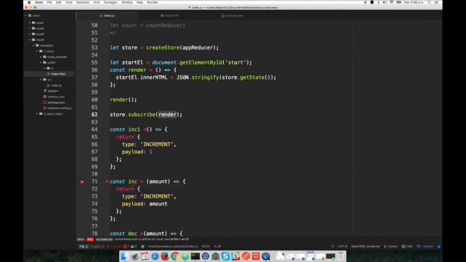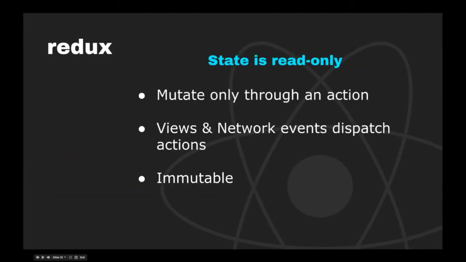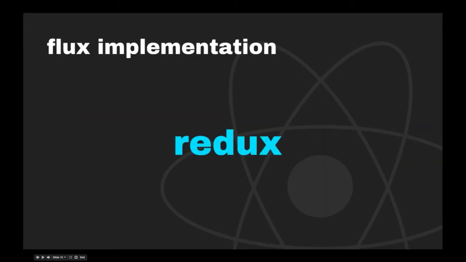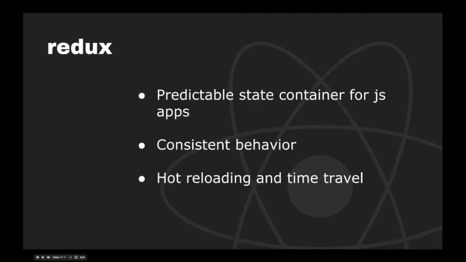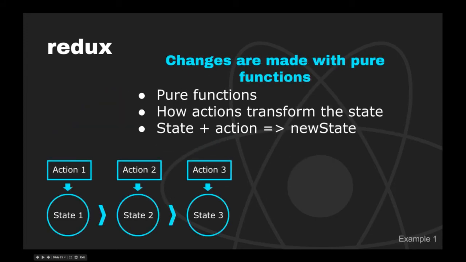You can compare this to the way that in Flux the store was notifying the view. So Redux is allowing the render functions to subscribe to the store. So let's go back there. Perfect.